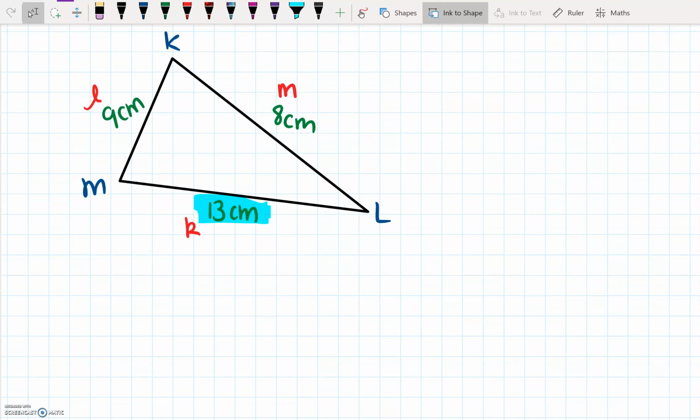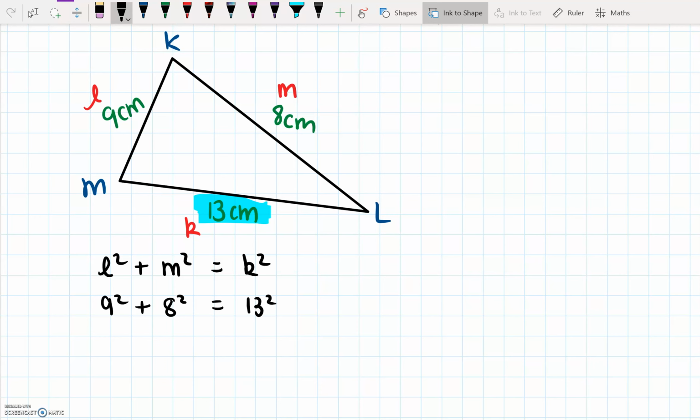So our formula for this would be that L squared plus M squared is equal to K squared. Remember, the hypotenuse will be the one that's by itself. Now we substitute. L is 9, so 9 squared, plus M is 8, so 8 squared, equals K is 13, so 13 squared.